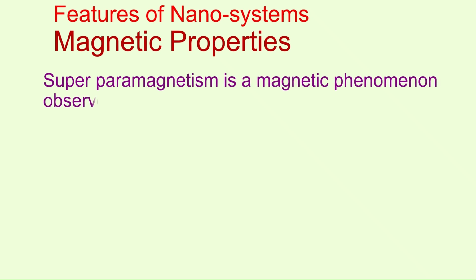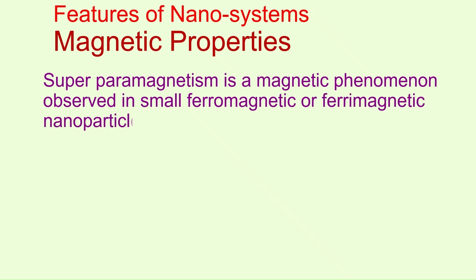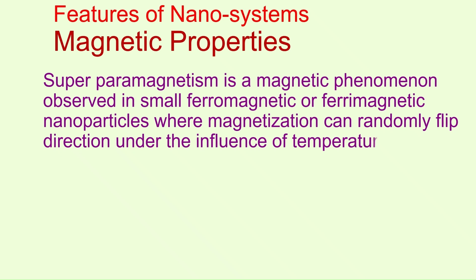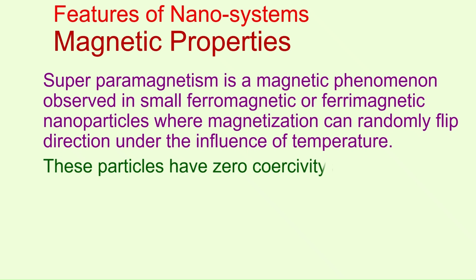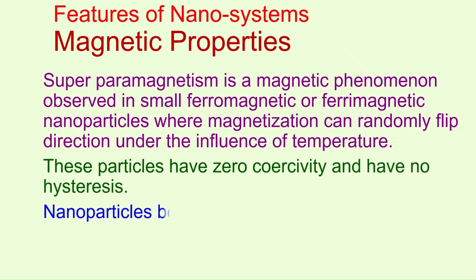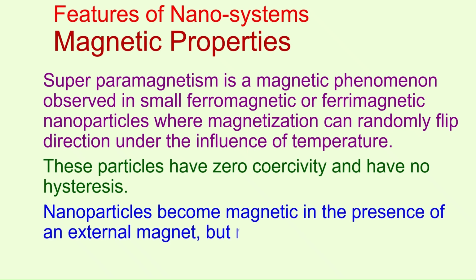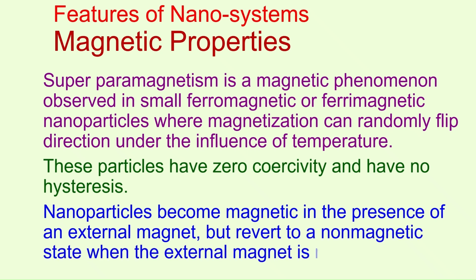Superparamagnetism is a magnetic phenomenon observed in small ferromagnetic or ferrimagnetic nanoparticles, where magnetization can randomly flip direction under the influence of temperature. These particles have zero coercivity and have no hysteresis. Nanoparticles become magnetic in the presence of an external magnet, but revert to a non-magnetic state when the external magnet is removed.